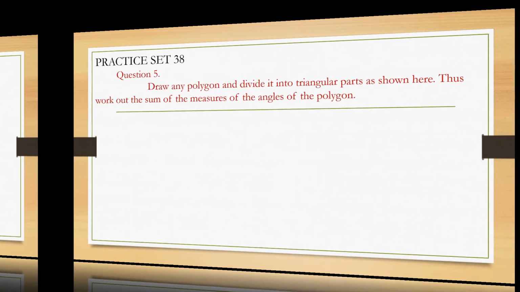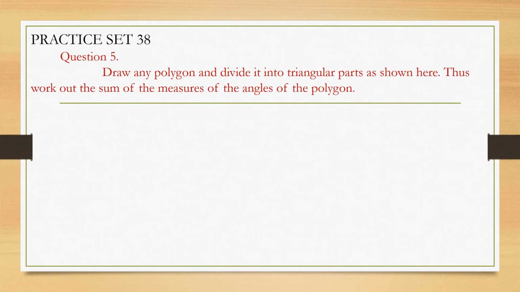Question number 5. Draw any polygon and divide it into triangular parts as shown here. Thus, work out the sum of the measures of the angles of the polygon. The figure is given. We have to find the sum of the measures of the angles of the polygon. Solution.